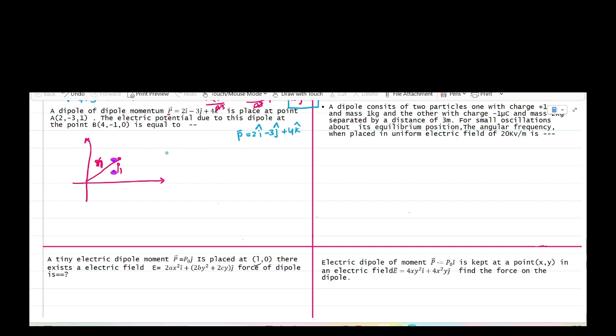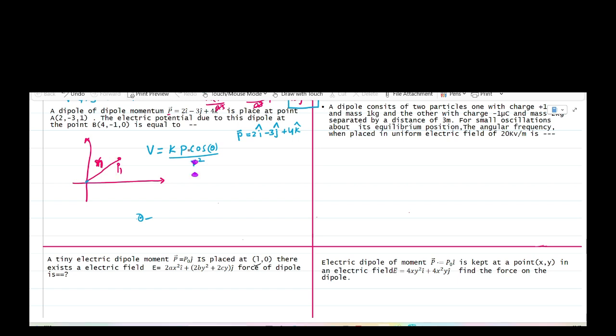Now the electric potential at the point 4 comma minus 1 somewhere. This is the point. At this point, from this dipole, I want to find the potential. You know the potential due to a dipole at any point can be written as K P cos theta by r square. I have already given the explanation, right?